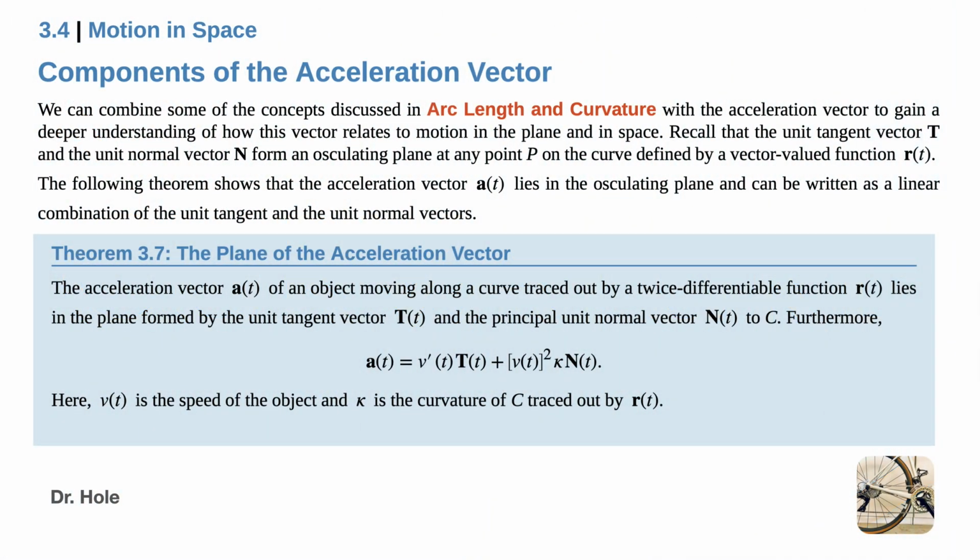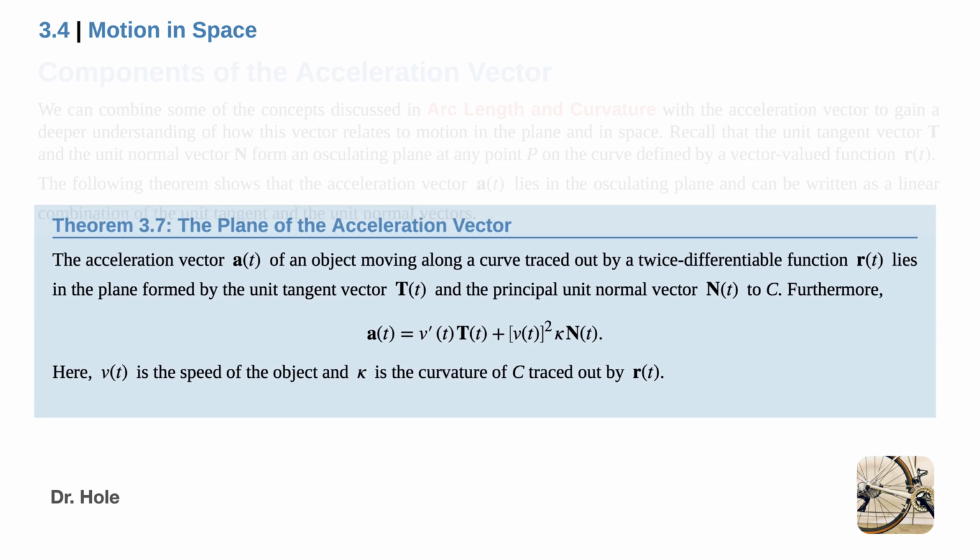So curvature was given by kappa. Here we're going to establish this theorem 3.7, namely showing that acceleration has this decomposition. You'll note that the normal and tangential components are taking a different form than what we saw earlier. Let's go ahead and look at why these should be the scalar components.